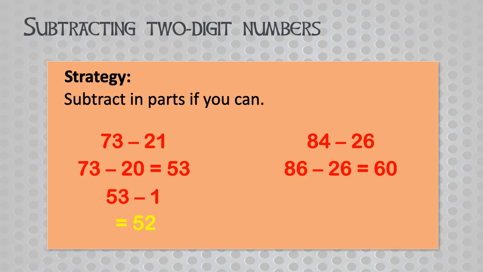Now, once I do that, I have to remember to take the 2 away. That's going to leave me with a difference of 58. So that means that 84 take away 26 is equal to 58.